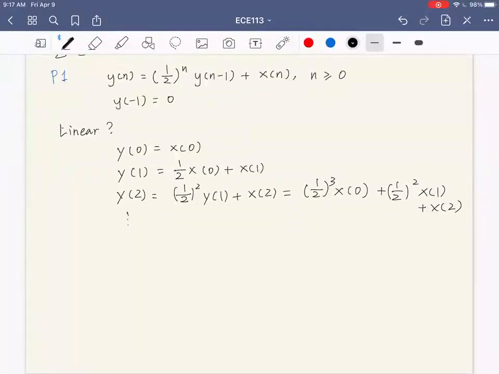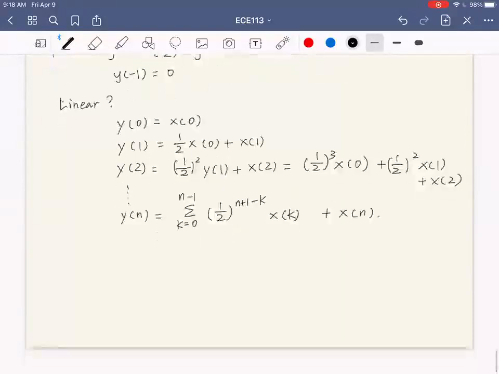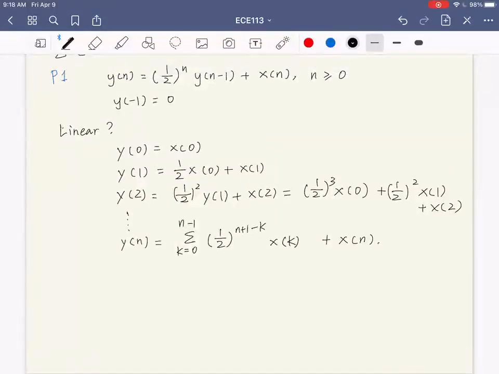And continuously, we can summarize the expression of y of n. So it is the summation over something times h of k, and then plus the current input. Okay? And you can see that this is actually a linear combination of your input x, right?